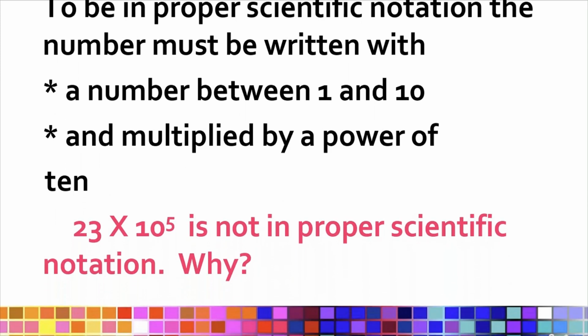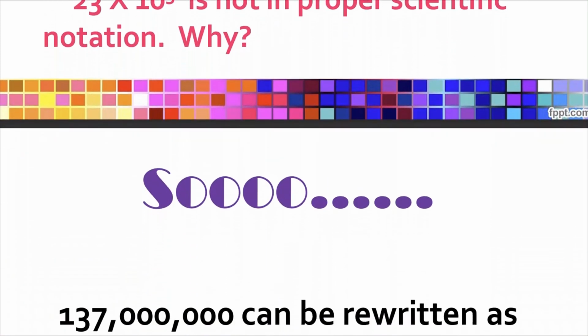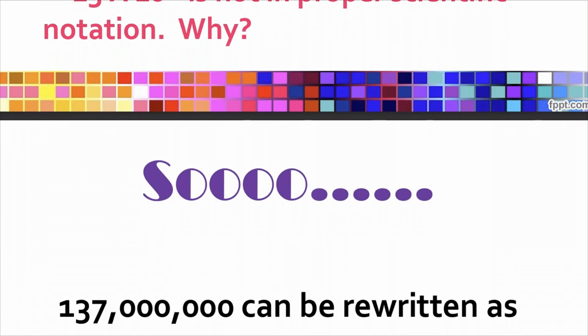Let's practice some examples. This is a number and you see 137 millions. There are 6 zeros with it. The rule says when we are converting this 137 millions into scientific notation, what are we going to do? Place a decimal after the first digit. What is the first digit here?